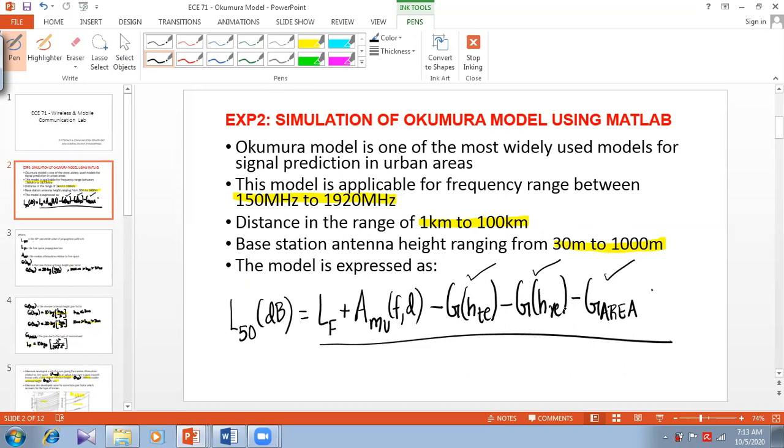All the gains have been subtracted, and you have LF, which is the path loss for free space, and AMU F comma D, which is also the attenuation, which is the loss. So all the losses are added and gains are subtracted, because ultimately what we are finding out is the propagation path loss using the Okumura model. So it is the loss which we are calculating. So we are adding all the losses and subtracting the gains from it. That's why all the gains are being subtracted for this particular model.